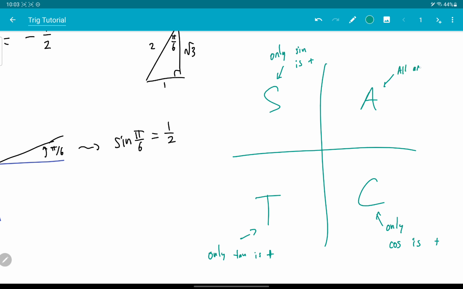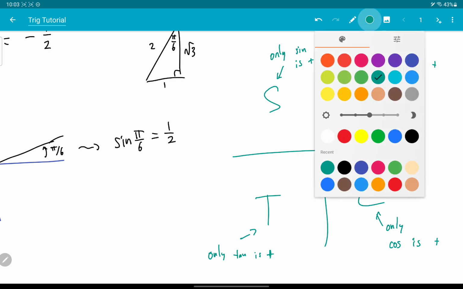All are positive. So again, the C means only cosine is positive, so down here, sine and tan are negative. Okay, what does this do for me?